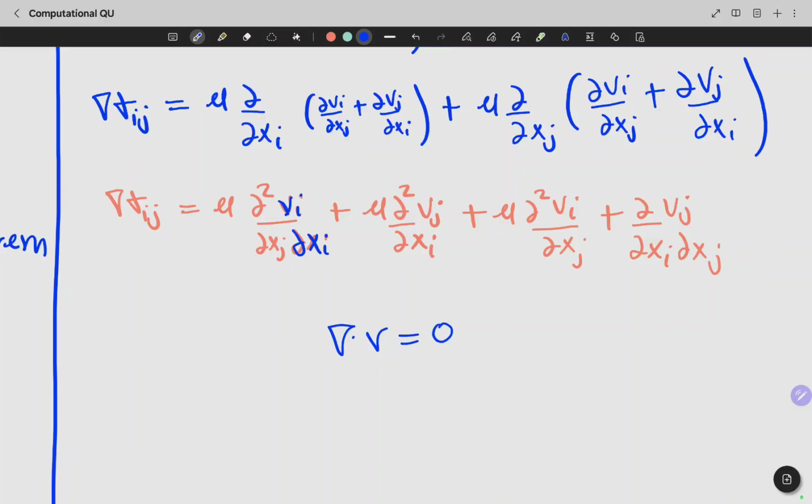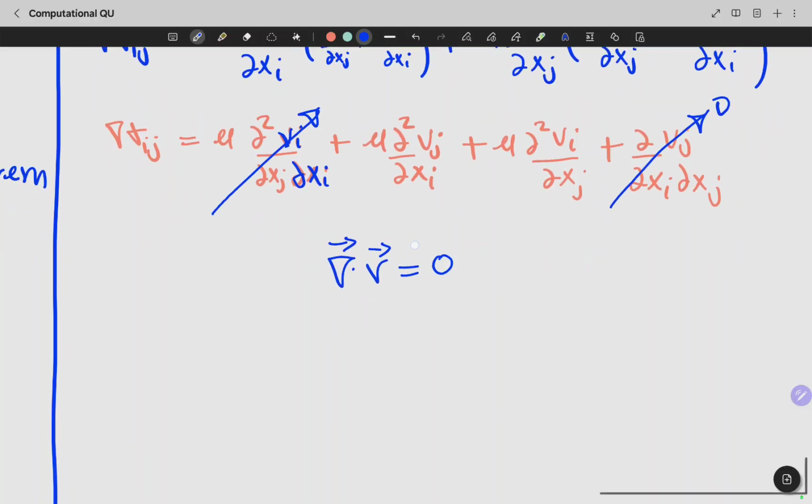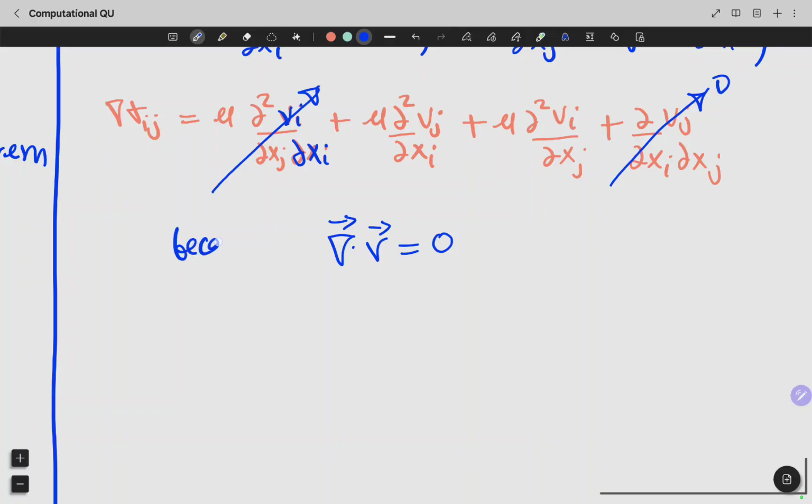This is 0, and therefore this term and this term would go to 0, because of this.